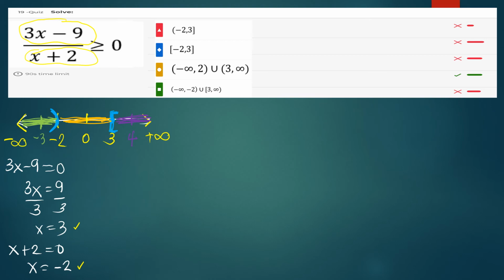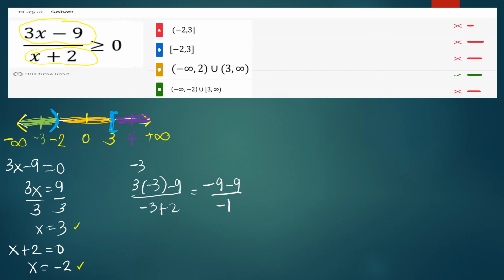So let us first have -3. So for -3, that will be 3 times -3 minus 9, that will be 3 times -3, that will be -9, minus 9, and then for the denominator, we will be having -3 plus 2, that will give us -1.